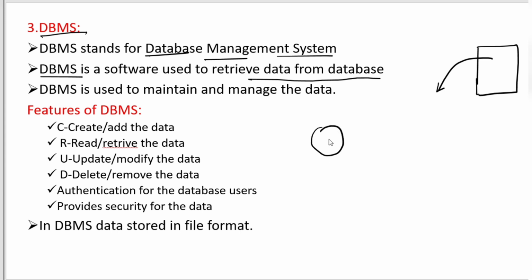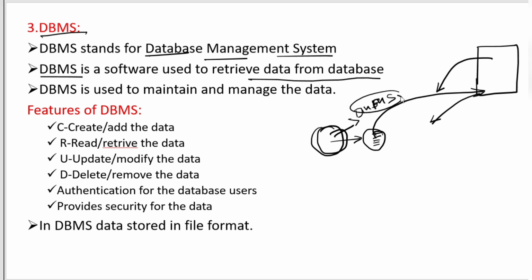By using DBMS software. Using DBMS software, we write a query using a query language. By using this query language, we can retrieve the data present in the database. This software we call a DBMS.